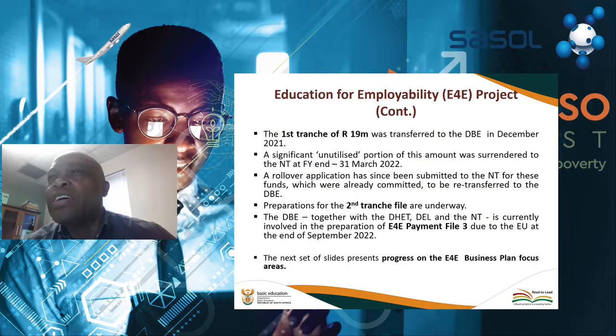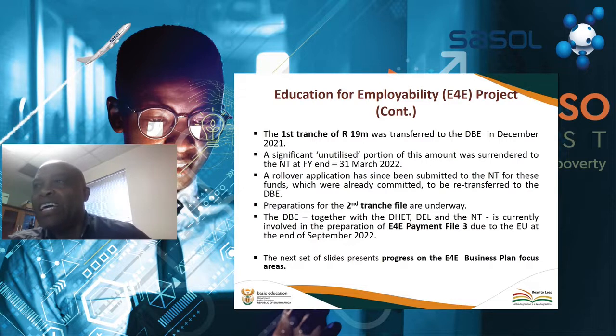The DBE, together with DHET, Department of Employment and Labor and National Treasury, are currently involved in the preparation of the E4E payment file 3 due to the EU at the end of September 2022.